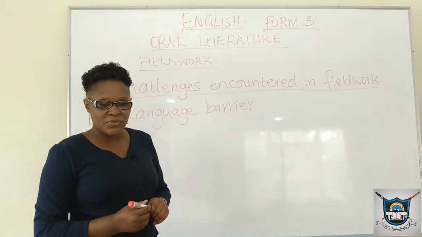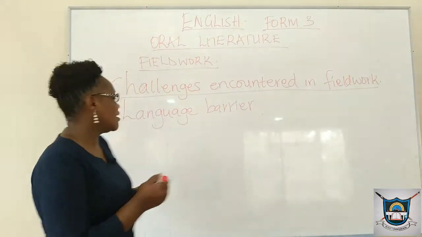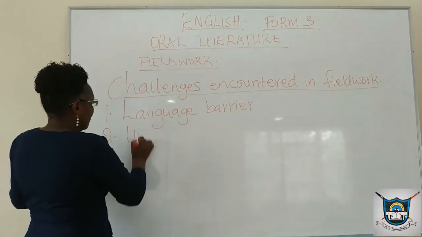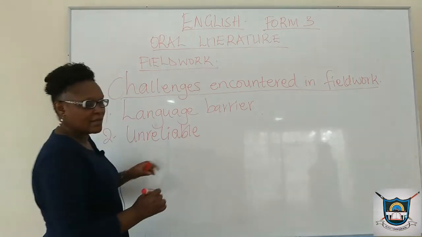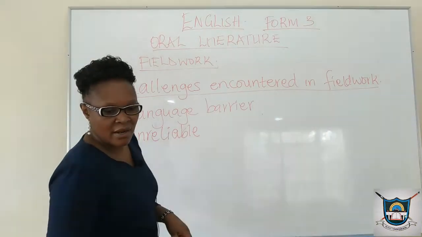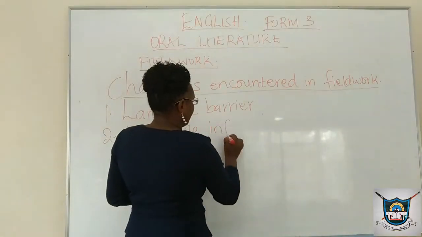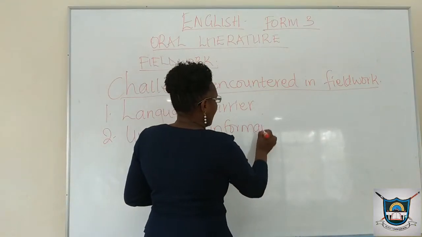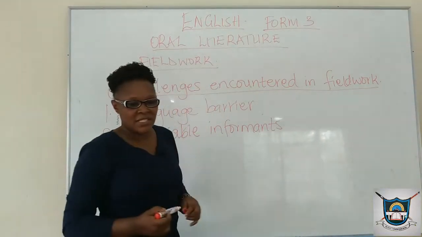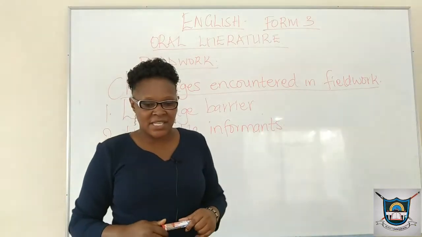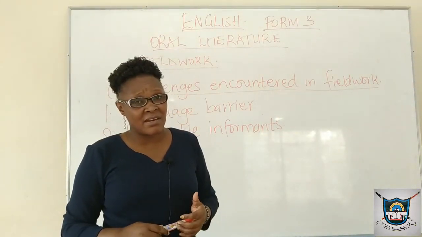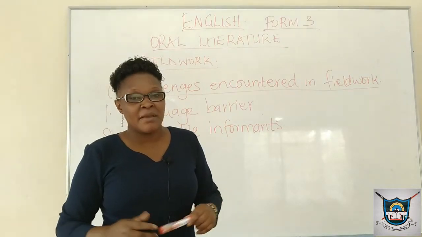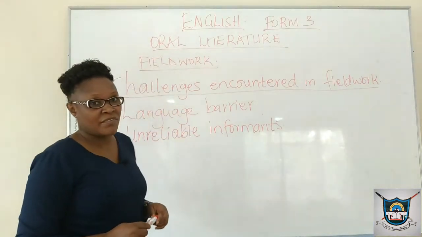Challenge number 2 is unreliable informants. You might find out that you go and the informants give you the wrong information, maybe knowingly or out of ignorance.